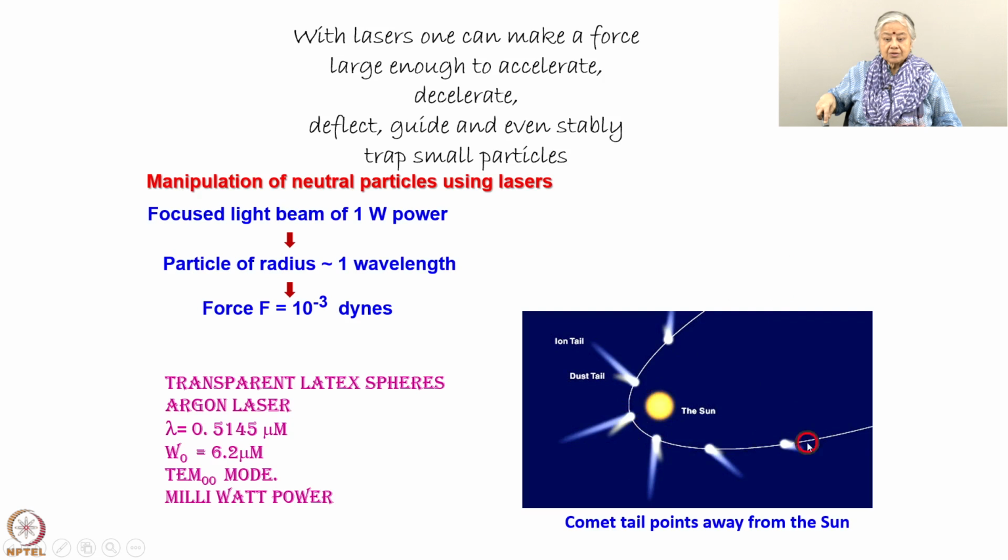Wherever they may be going, maybe rotating around the sun or some other planet, the head of the comet is always there, and the tail points away from the sun. This is an animation picture, but that is what astronomers have observed over time.